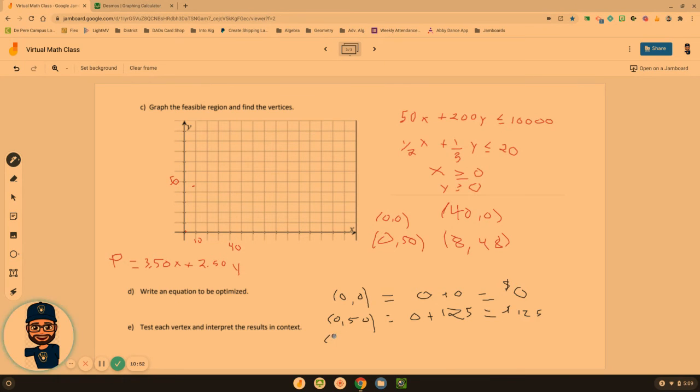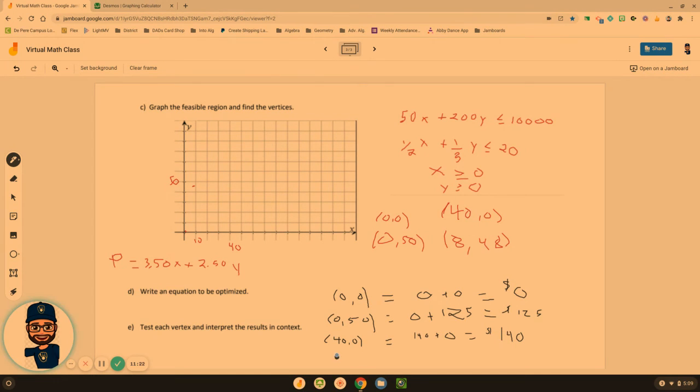Well, what about 40, 0? 40 times 3.50 is $140, plus 0 times 2.50 is 0, meaning we have $140 profit. In context, that means if I make 40 necklaces and 0 bracelets, I would make $140 profit.